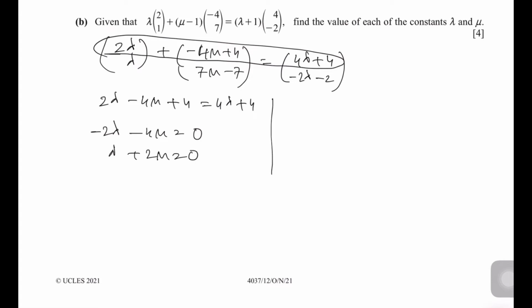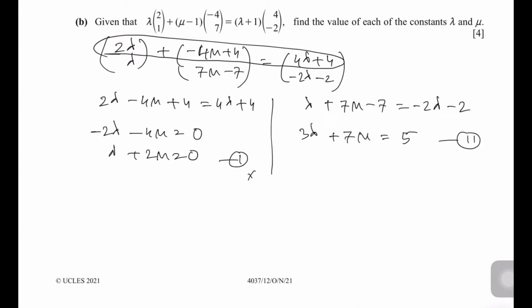Now another one is lambda plus 7 mu minus 7 equals 2 lambda minus 2. So 2 lambda, if it comes in their side, it is plus 3 lambda, plus 7 mu equals minus 7 goes in their side, it is 5. Now equation 1 and equation 2, multiply this one by 3, it is becoming 3 lambda plus 6 mu equals 0.